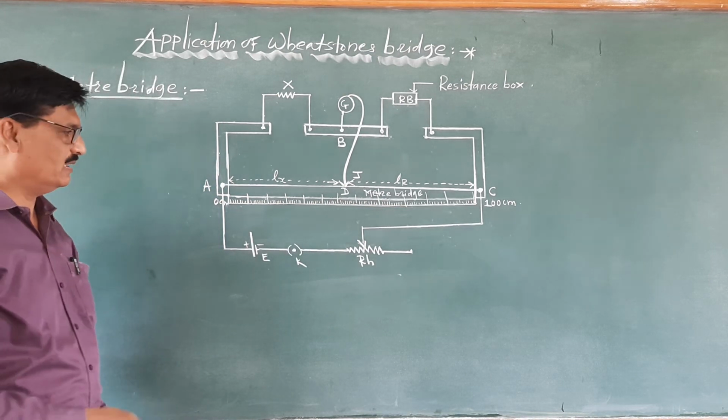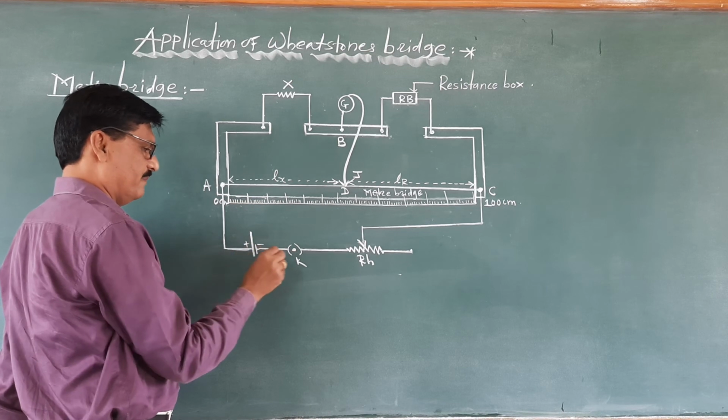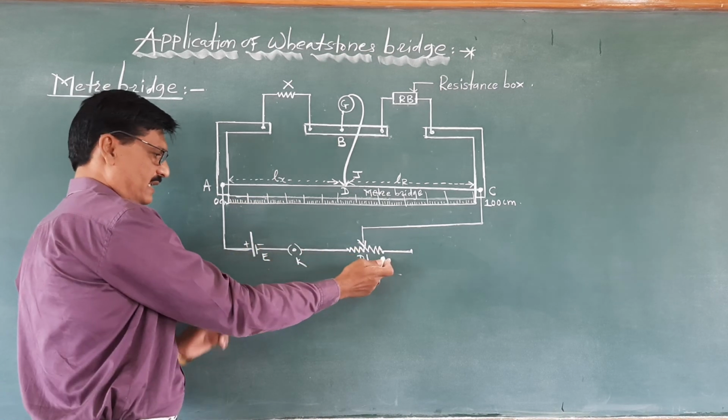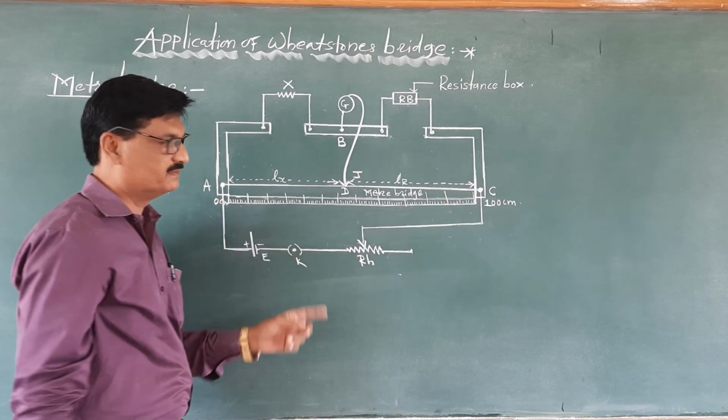Also, in this meter bridge apparatus, a battery of EMF E, a key and a rheostat are connected in series with wire AC.